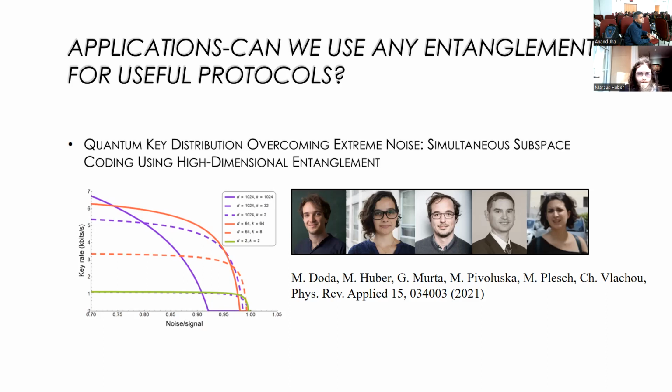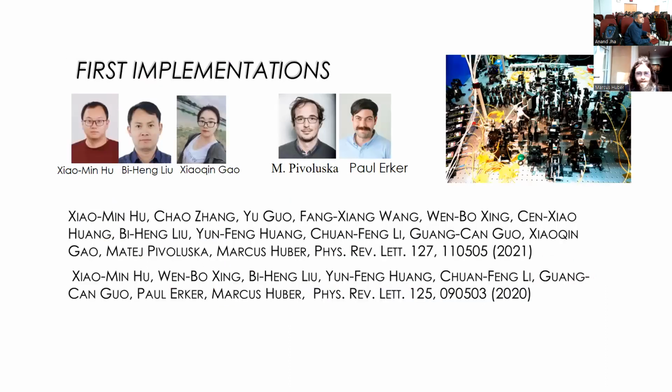And yeah, this was too challenging for us, but we were approached by a group in China, by Xiaomin Hu, Biheng Liu, and basically the group of Guo. And they said, yeah, we have all the necessary ingredients, because they have like 32 SNSPDs already set up on the table and they're ready to do the experiment, something we couldn't afford, and we said, okay, great, let's band together.